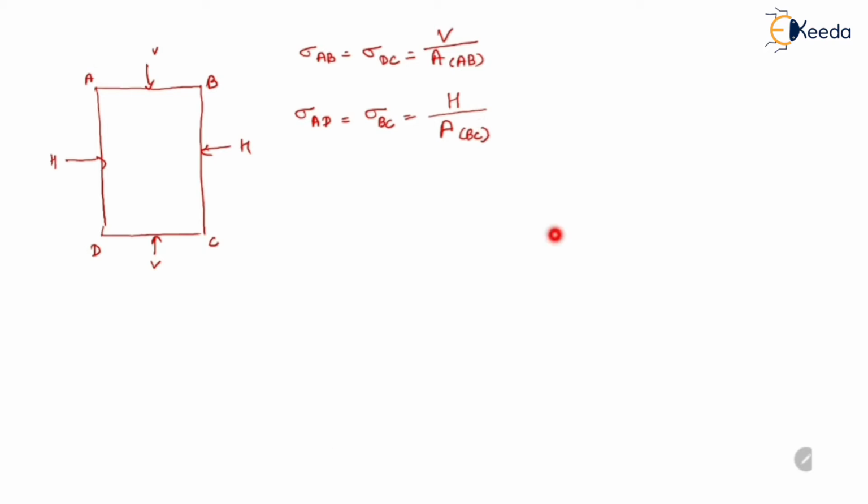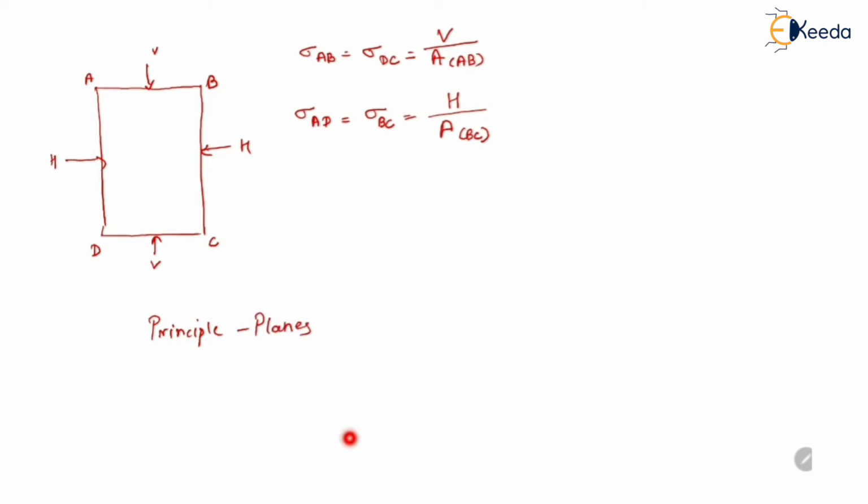Now, on all four planes, only normal stresses are acting and there is no shear stress. So all these planes, like plane AB, BC, CD and DA, can be considered as principal planes.